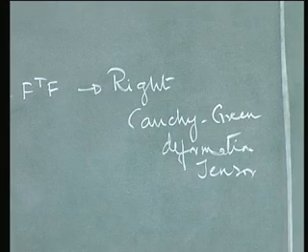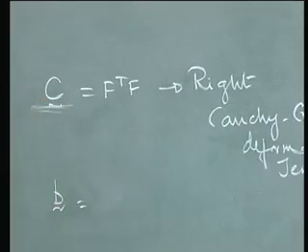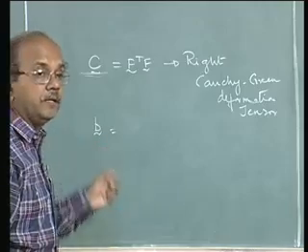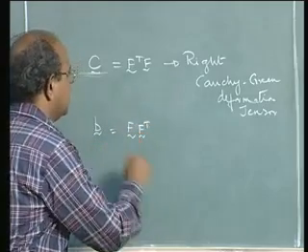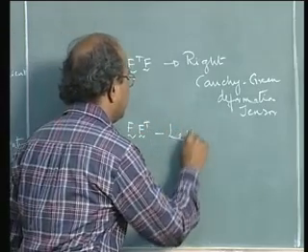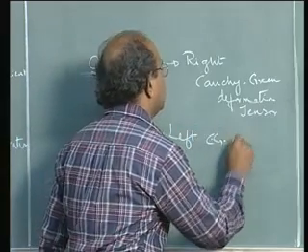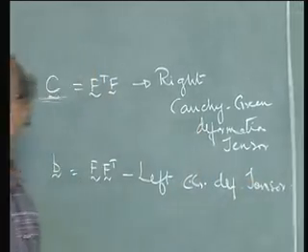And we define B to be F F transpose, of course these are tensors, and it is defined as the left Cauchy-Green deformation tensor.